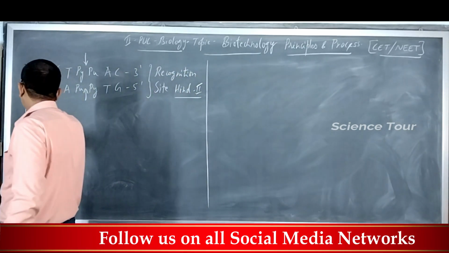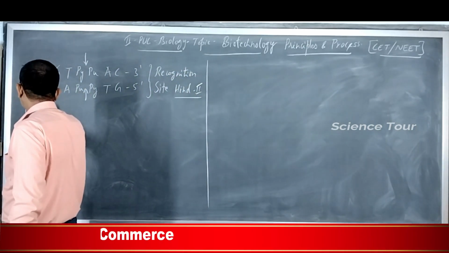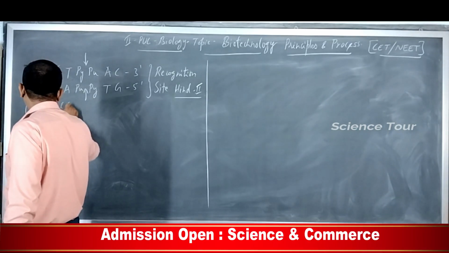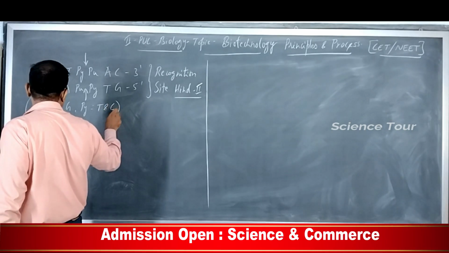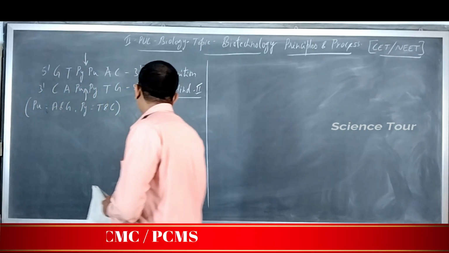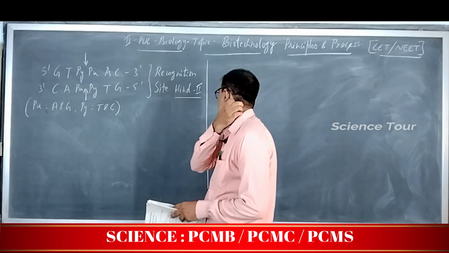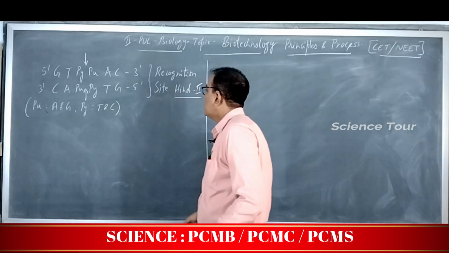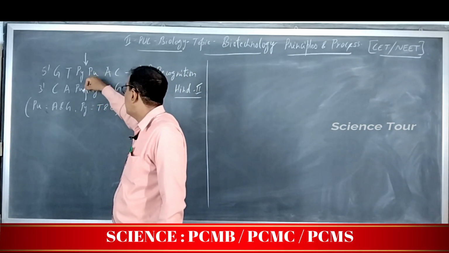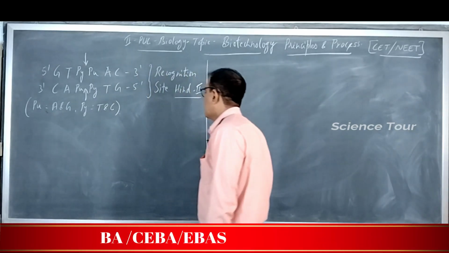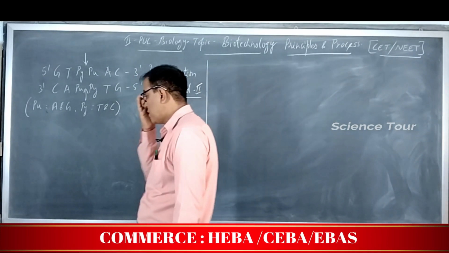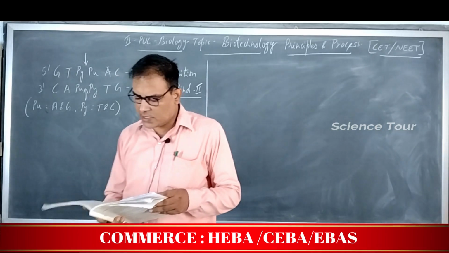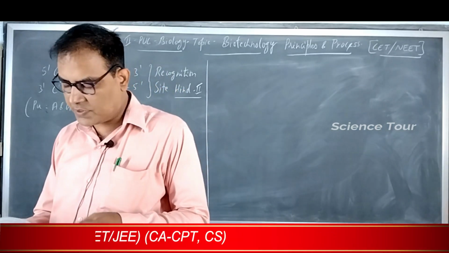Purines means adenine and guanine, and pyrimidines means thymine and cytosine, correct? So with any pyrimidine or any purine in that specific region, it will make the cut. So it is the restriction endonuclease. Then coming to the next question.